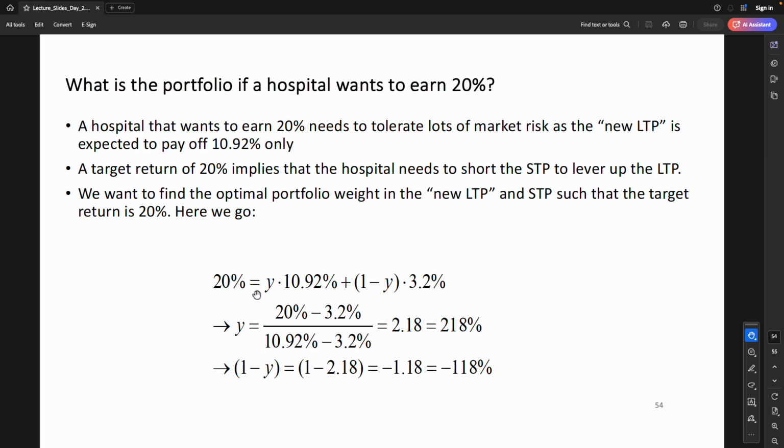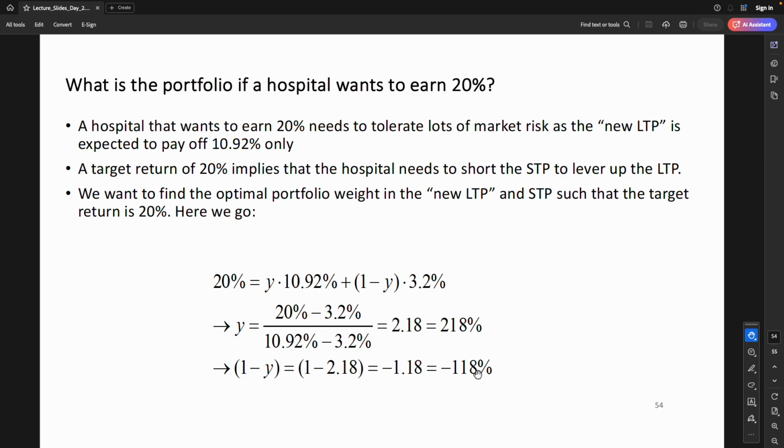We solve for y, and we see the solution is 2.18. So it would be 218%. So intuitively, it means 218% goes into the LTP, and 1 minus y, so it's 1 minus 2.18 is minus 1.18, minus 118% risk-free rate.